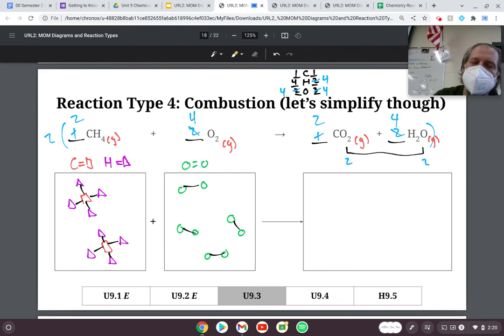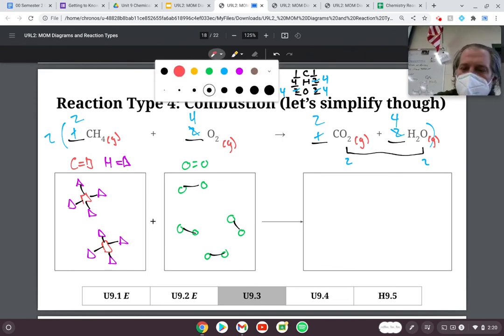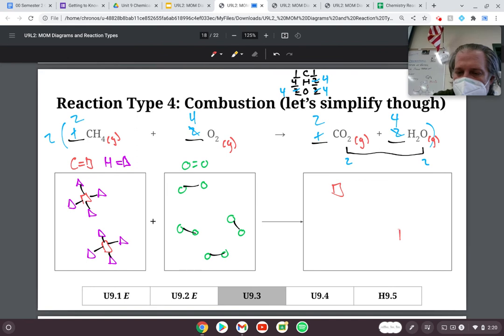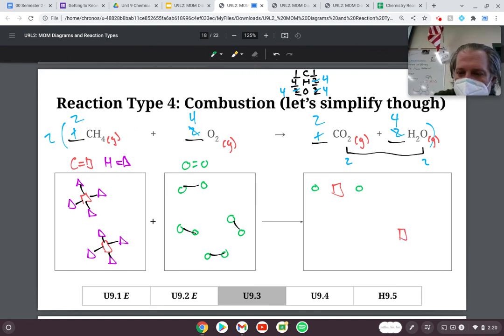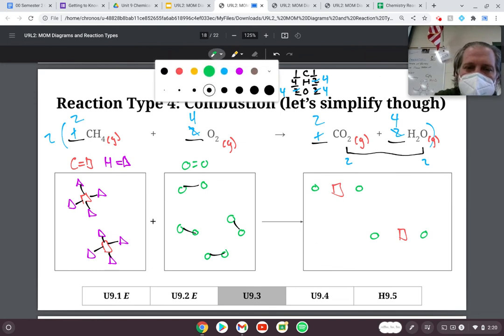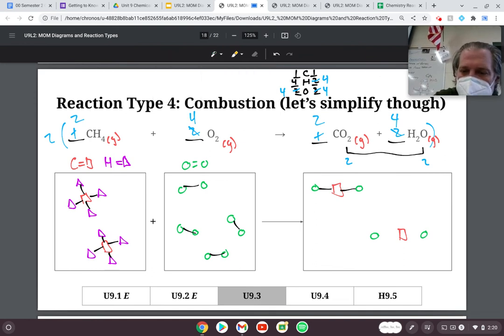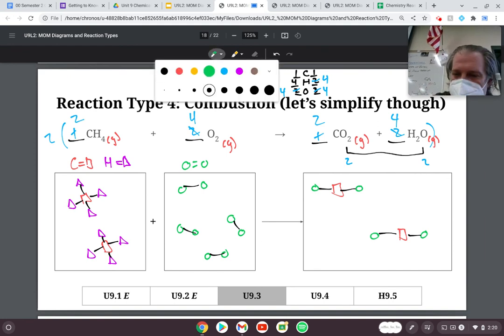We have 2 carbon dioxide, so we're going to deal with that first. So I'm going to put a square here, maybe a square here with oxygen, oxygen, oxygen, oxygen, and we're going to bundle those together with a dash. We have 4 units of water, so I'm going to do that one next.